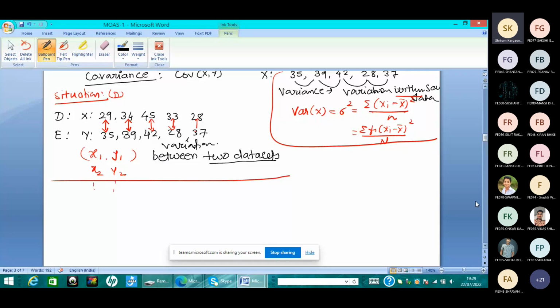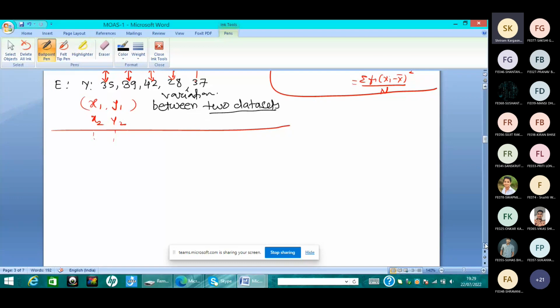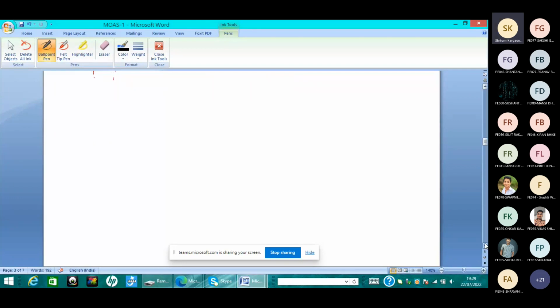So let's start afresh. What is the formula? You have to note down the various forms after solving it. Covariance between x and y, the basic formula is summation of xi minus x bar into yi minus y bar, summation i varying from 1 to n, upon n.